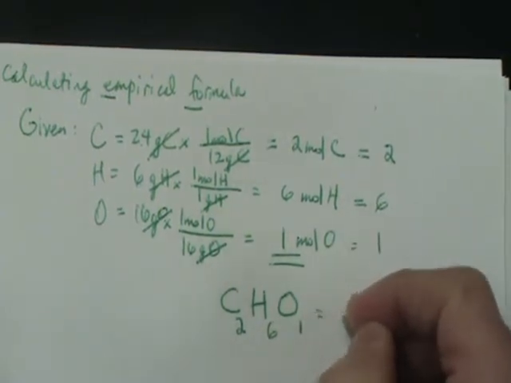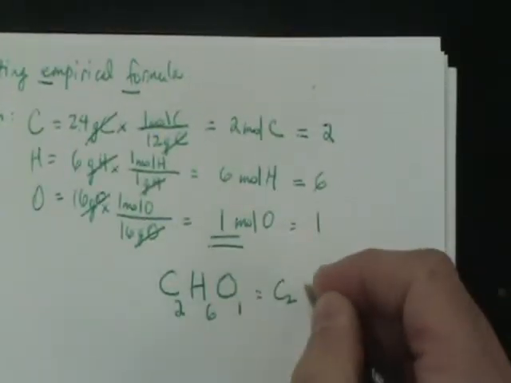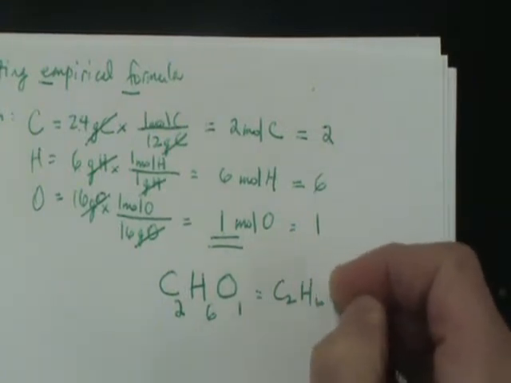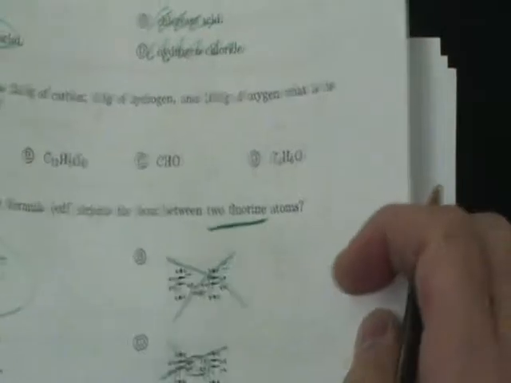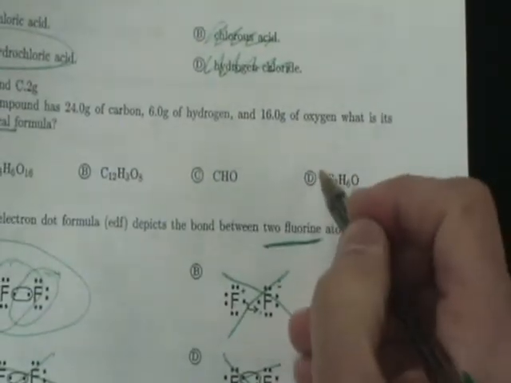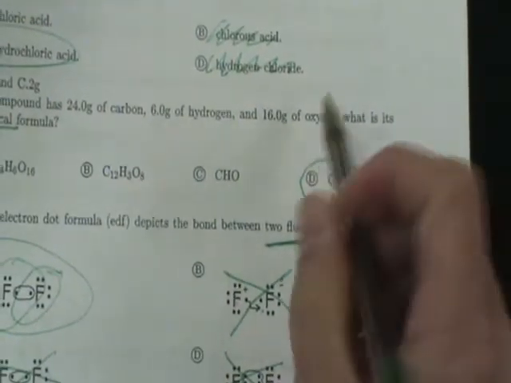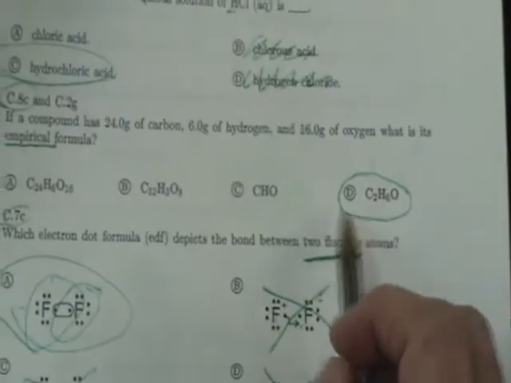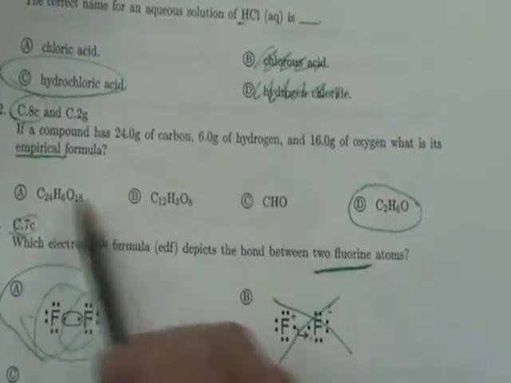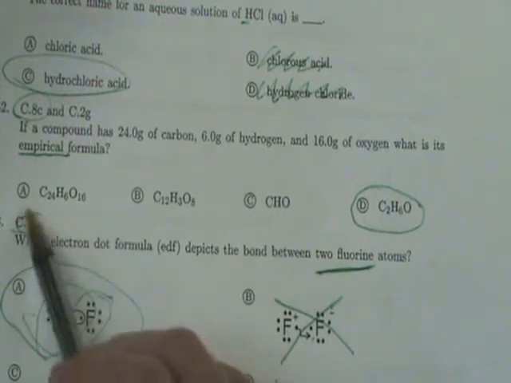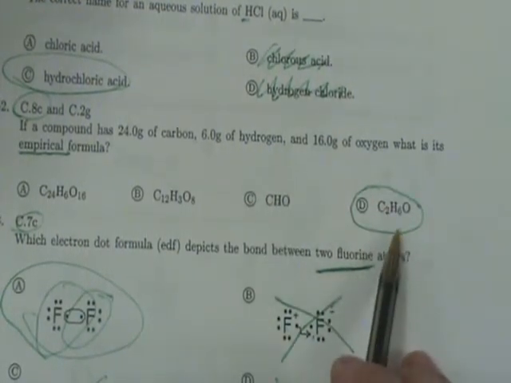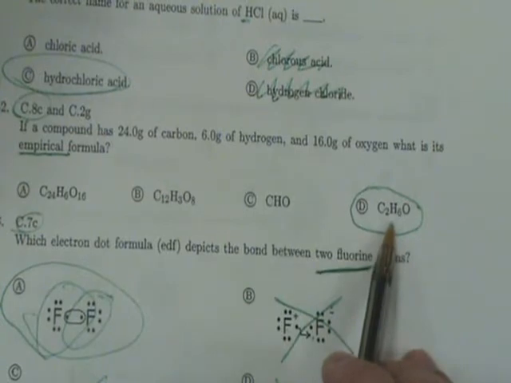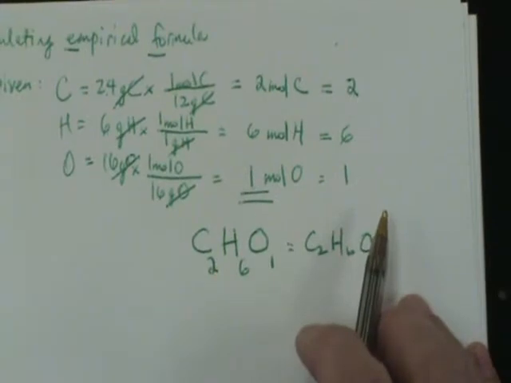And because we do not write the 1, that's C2H6O. Now, if you're looking at your answer choices here, there it is. It's letter D. Now we can see why A, B, and C are wrong, and D is your correct answer. Okay, that knocks down number 52.